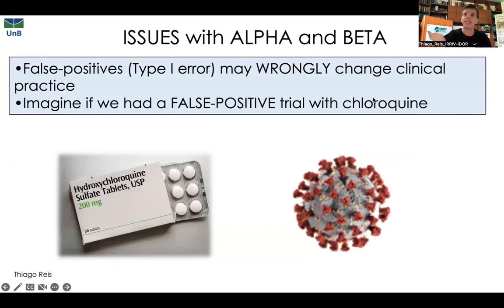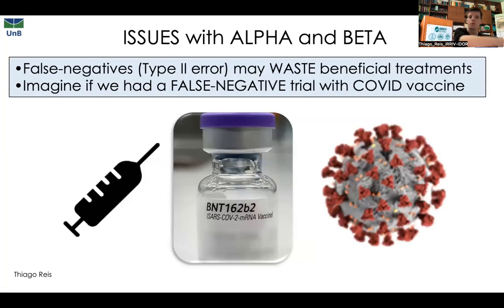And taking back to COVID, imagine if in the trials with hydroxychloroquine, we had a false positive result. So we had a chance in 20 of proving that hydroxychloroquine works, and we would be prescribing till this day hydroxychloroquine to treat COVID. On the other way around, imagine if we had a false negative result with the vaccine.